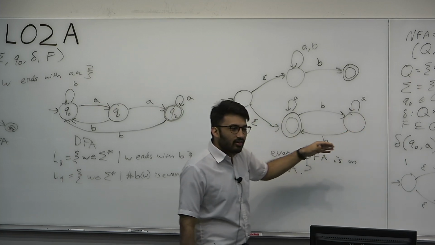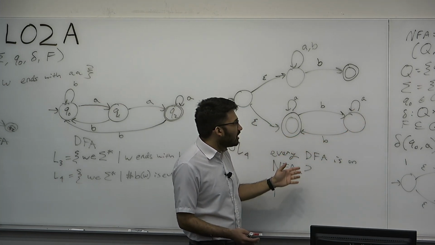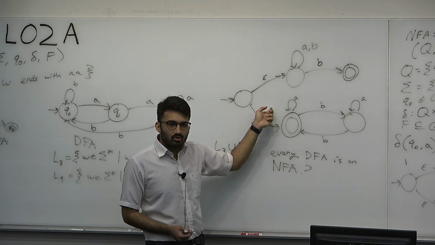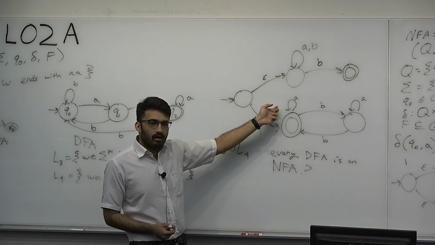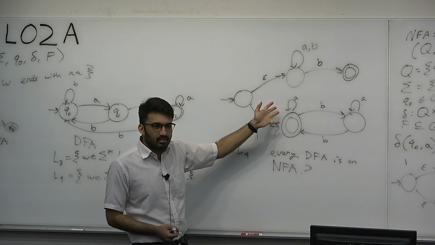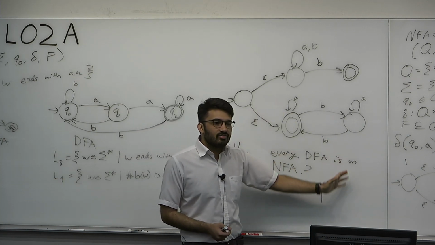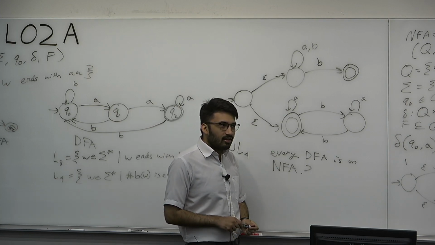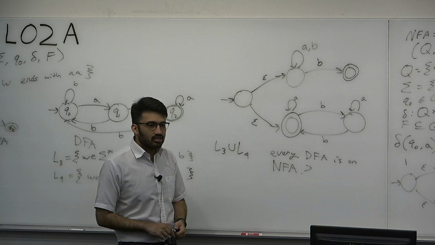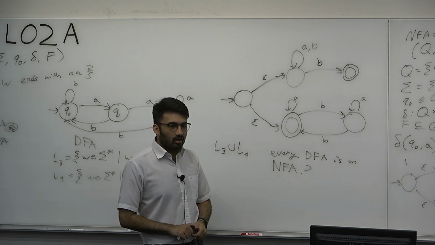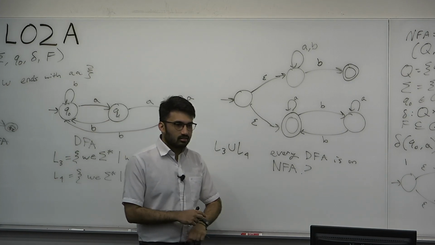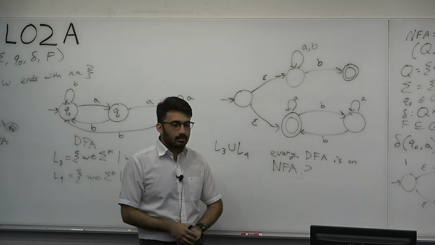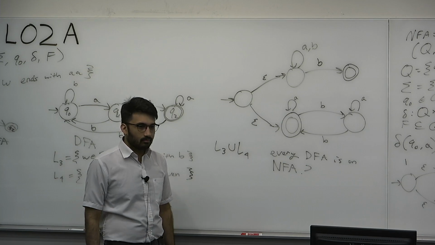Any NFA with a nondeterministic transition, any NFA with epsilon transitions, these aren't DFAs. So there exist NFAs which aren't DFAs, but every DFA must be an NFA. So the NFA is a direct generalization of the DFA, right? I said it backwards again. The NFA is a direct generalization of the DFA, right?